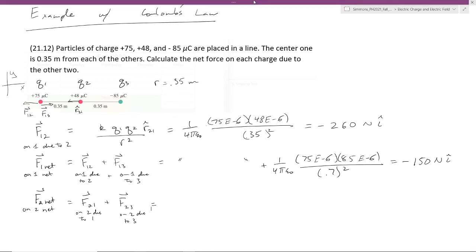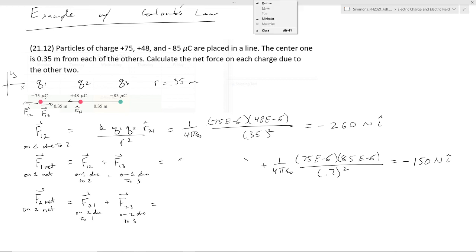So what is this going to look like? Well, we'll have k Q2 Q1 over r squared. Now let's think about the directions here. The force on 2 due to 1 is going to be a repulsive force, so it would want to push Q2 in the positive i hat direction.